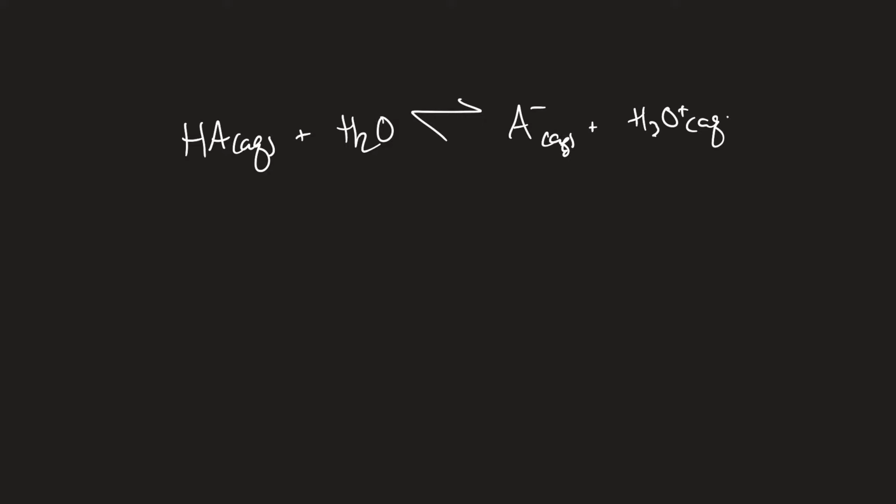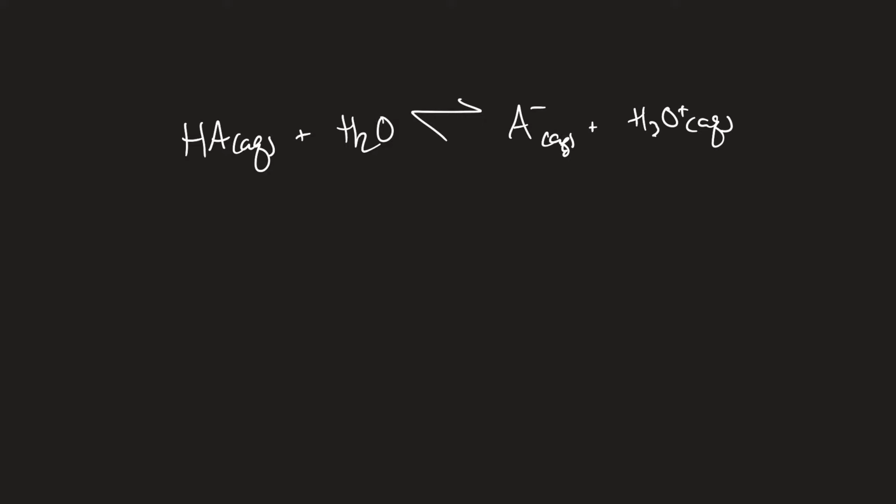If we have a weak acid, HA will be our weak acid. The H is the hydrogen, and A is the conjugate. The weak acid and water will form the conjugate base, A-, aqueous, plus hydronium. This is your conjugate acid.